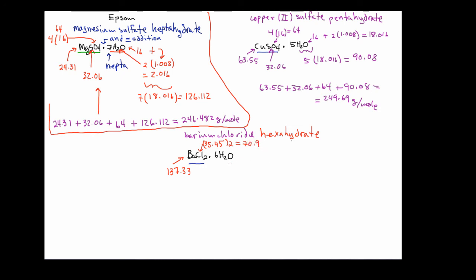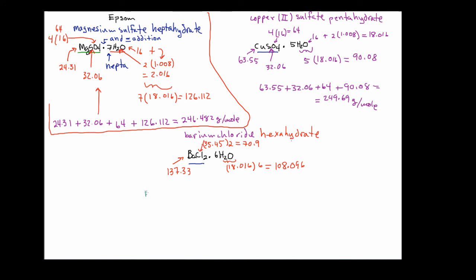Alright, and then again on the waters, the H2O itself is 18.016, like in the other situations. And then there are 6 of these, so we need to multiply by 6. And the grand total on the water will be 108.096 grams per mole.